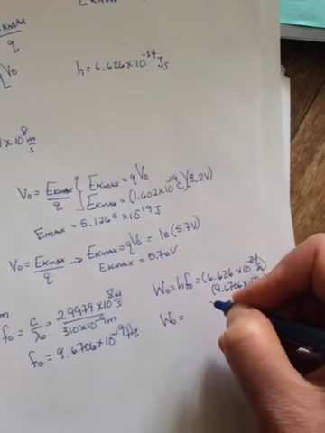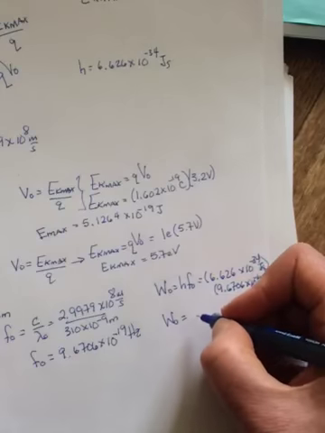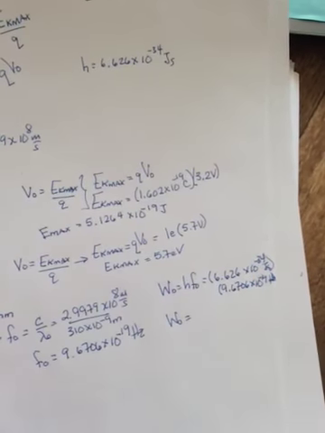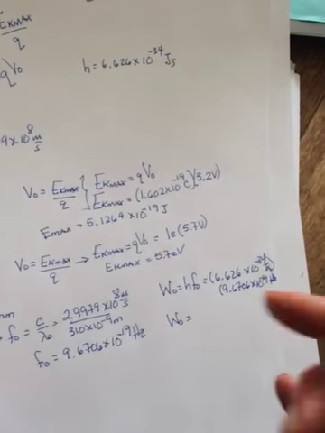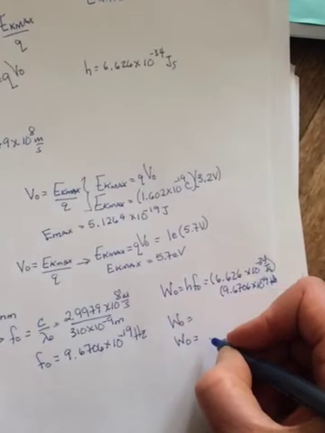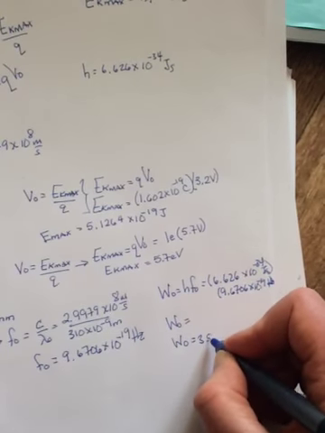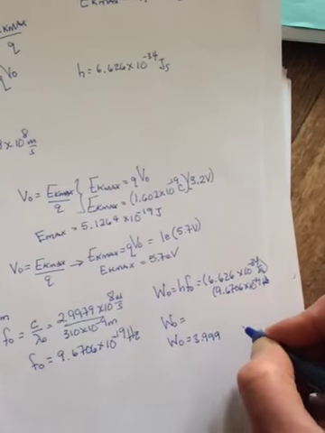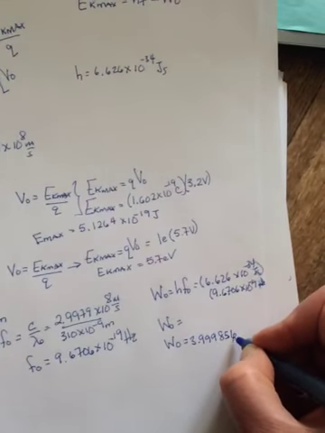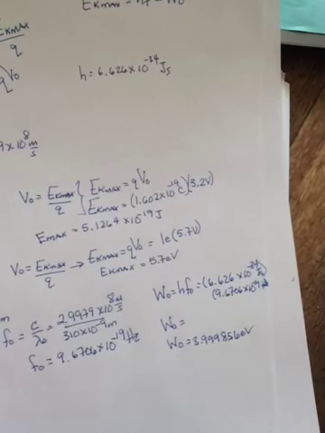And when you do this, you get a WO of something in joules, which I already turned to electron volts. I just need to write this number down. It's 3.999856 electron volts.